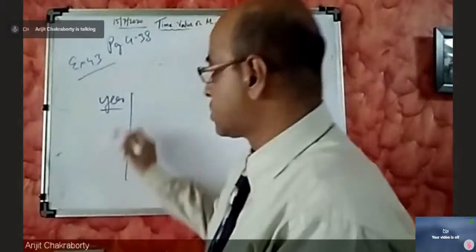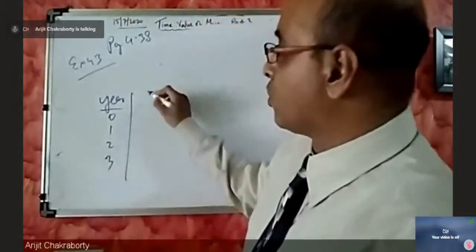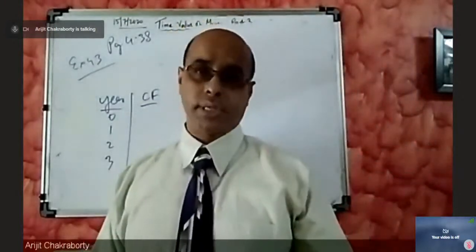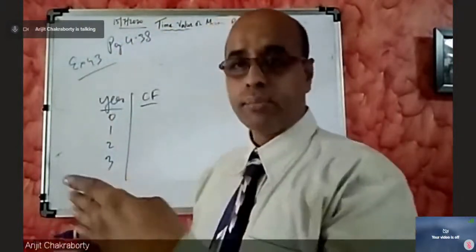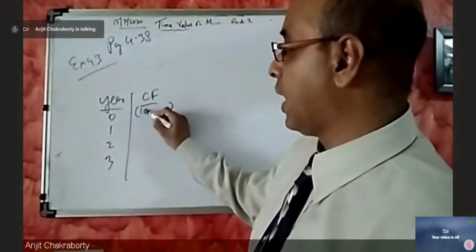You have 3 years, so 0, 1, 2 and 3. You have the net cash flow, CF. First year, you are investing in the project. So what is the amount? 1 lakh. So 1 lakh is negative because it's a cash outflow. So I denote it with a bracket, 1 lakh.